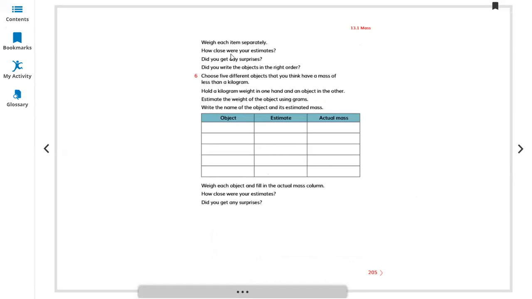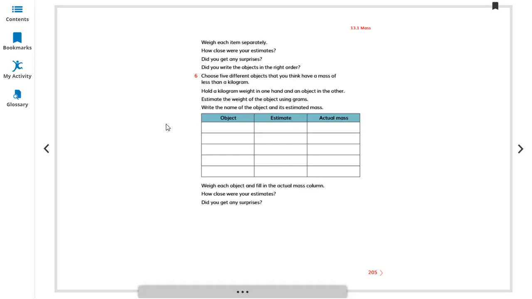Okay, question number 6, this is just you're using scale, and then you can write different object name, not necessary as it's mine. I wrote it, you need to write them. Obviously, you can choose any object. Choose 5 different other objects that you think have the mass of less than 1 kg. Hold a kilogram weight in one hand and an object in the other.